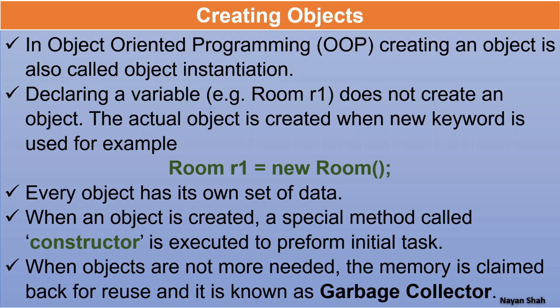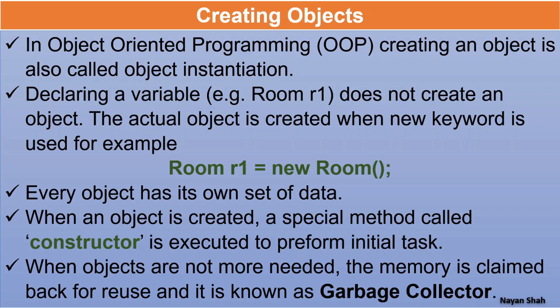Similarly, here it is room R1. But before writing room R1, there has to be a room class created by the user. The actual object is created when the new keyword is used. For example, writing room R1 is equal to new room. When you write this statement, the object is created in memory. That object's name is R1 and the object type is room.